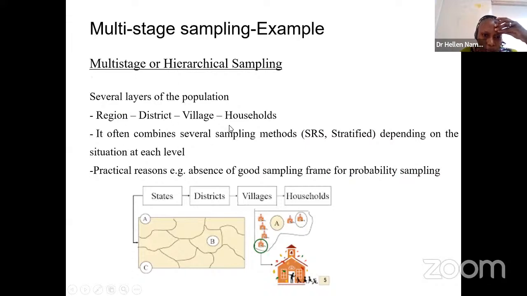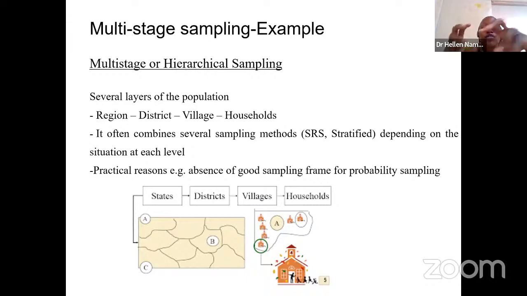Here's just a simple example. Remember, it's multi-stage, so there are various stages involved. Sometimes when you read in various textbooks, it is called hierarchical sampling. So maybe you can start with the regions. For example, within Uganda, we've got different regions, the north, east, western, and so on. Then from the regions, it's like you're subsetting. You start with the big thing, then in this case, from the region you come to the districts, because the districts are within the regions.